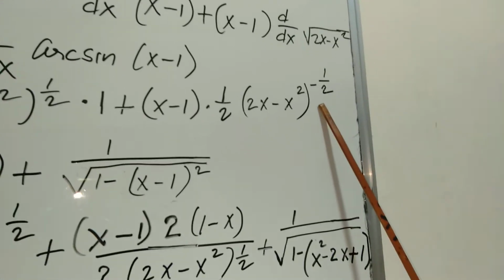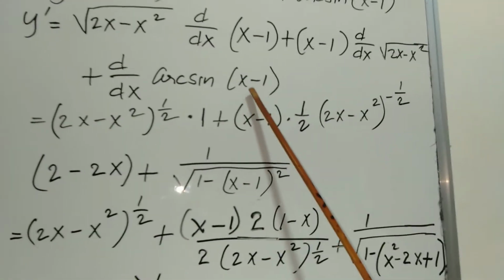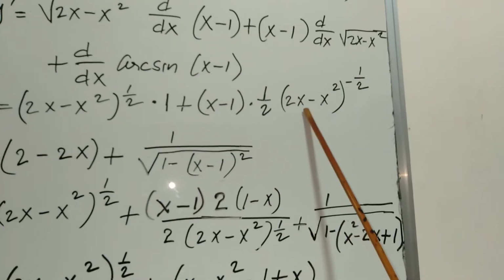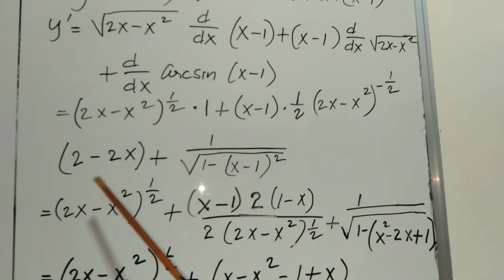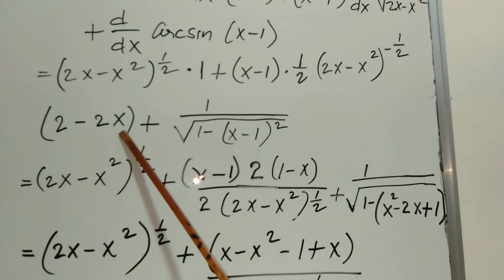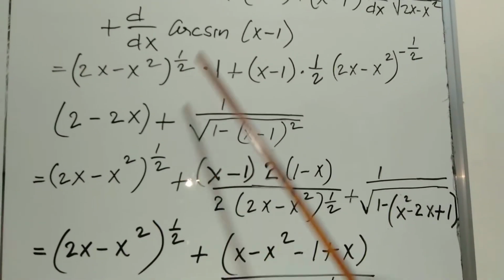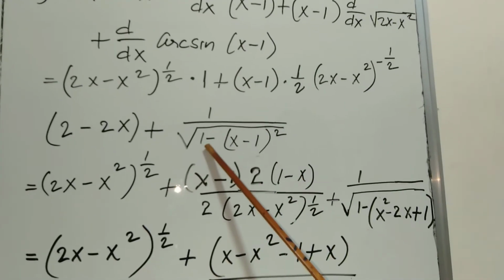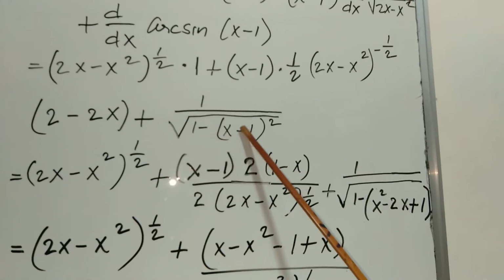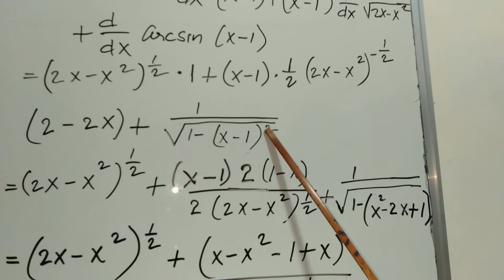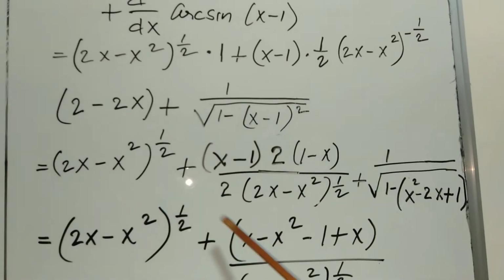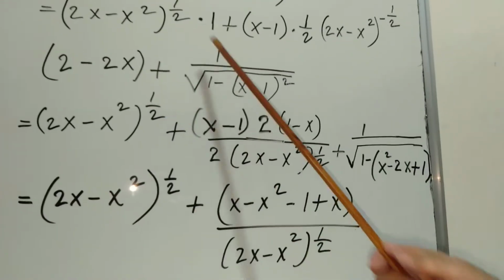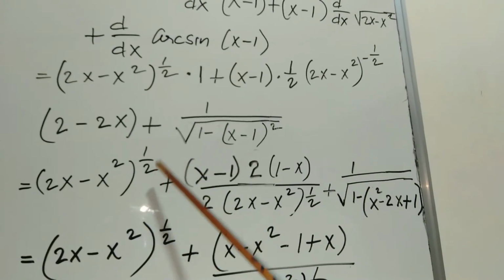Then we get the derivative of this term, which is 2 minus 2x, plus the derivative of arcsine of x minus 1, which is 1 over the square root of 1 minus the quantity x minus 1 squared. So we simplify the whole polynomial here.